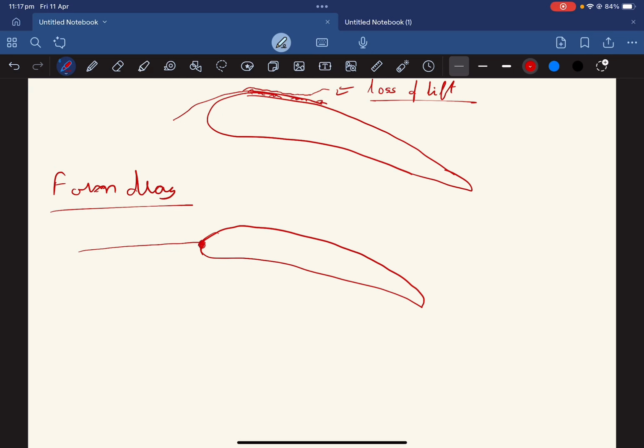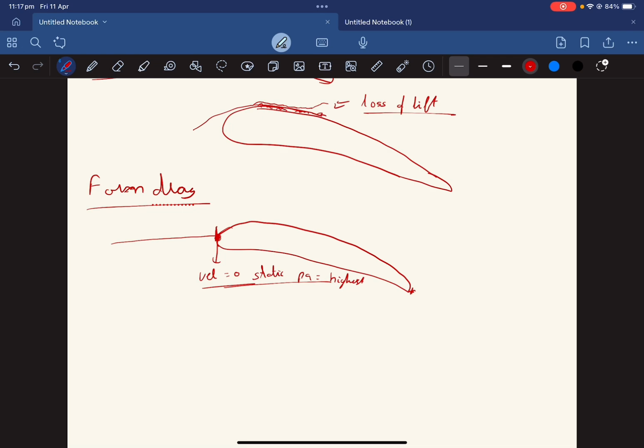Here the velocity is 0 and your static pressure is the highest, compared to your trailing edge. This is your leading edge, this is your trailing edge. This condition, where the pressure is higher at the leading edge compared to your trailing edge, is a characteristic of form drag. I hope it makes sense.